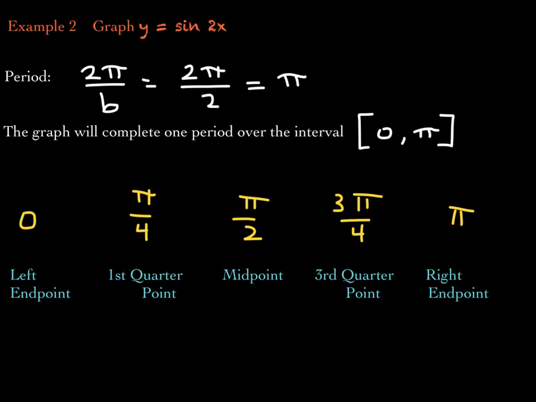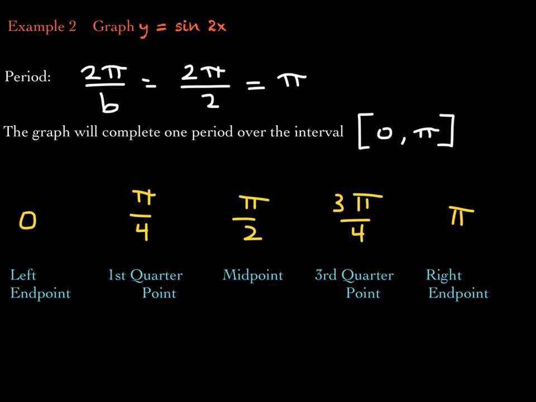So this is the idea, you guys. These are going to be the 5 input values. These are the 5 values that we're plugging into our function, and the outputs will be the maximum, the minimum, and the x-intercepts. Those are the most important points on our curves. That's what you'll end up getting by plugging in these particular input values.